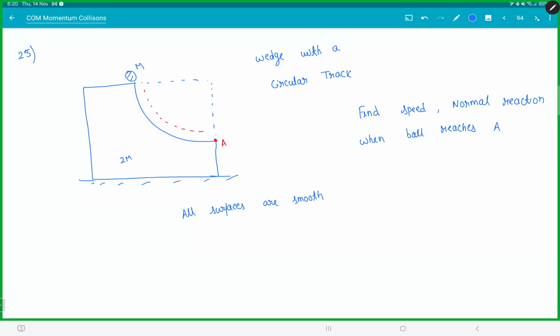You need the speed of the ball or the wedge. Find speed of both of them, no? If I don't tell you, find both.